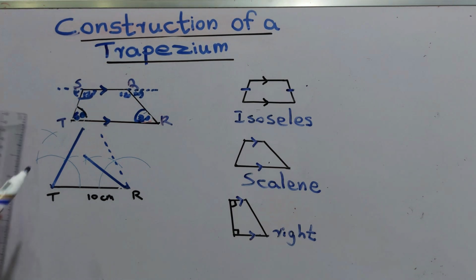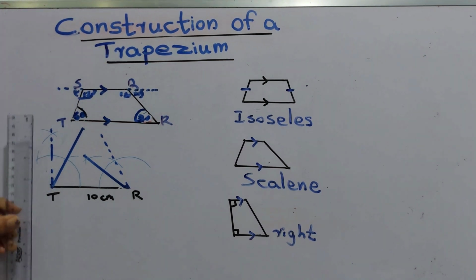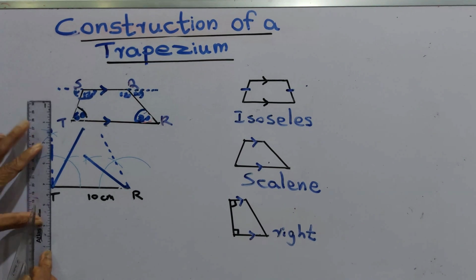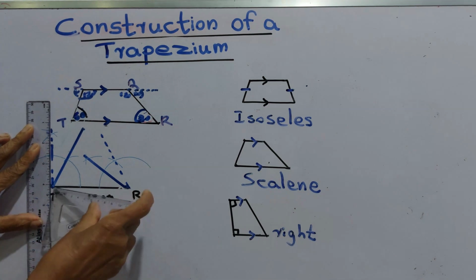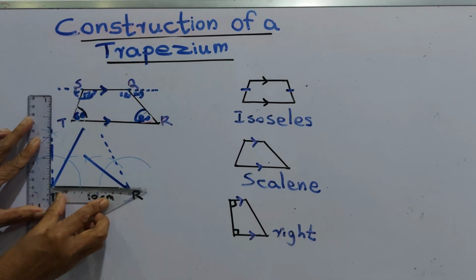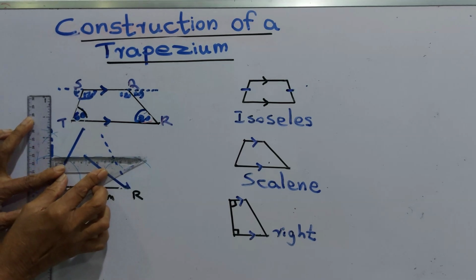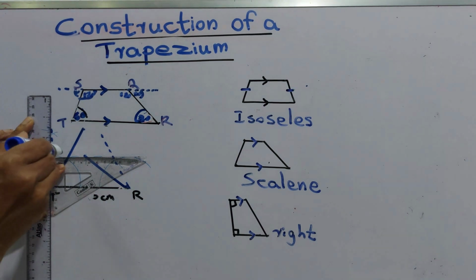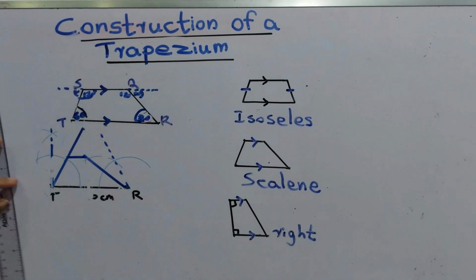Then on this imaginary line we can set the ruler. We can set the ruler here. Keep the set square on the ruler like this. Now we can draw the parallel line to TR. Okay. Then it comes here. This is the parallel line to TR.